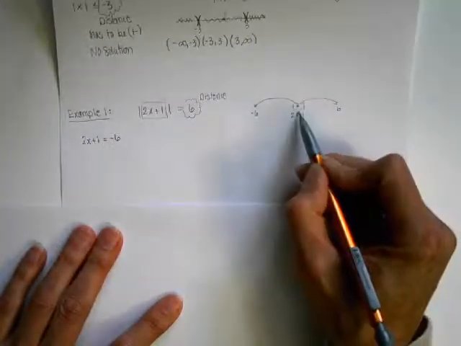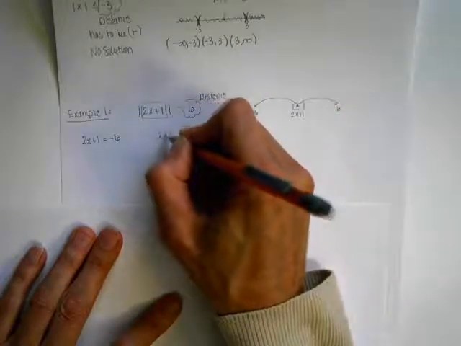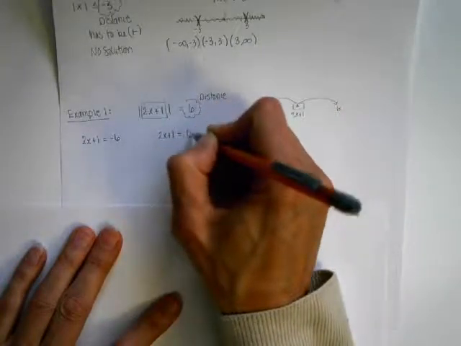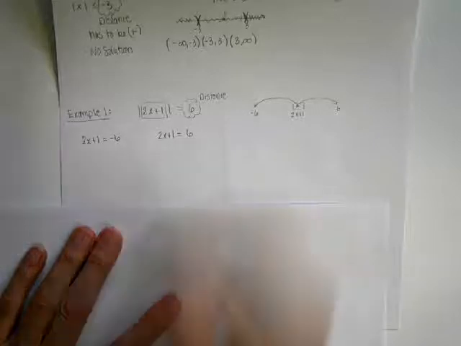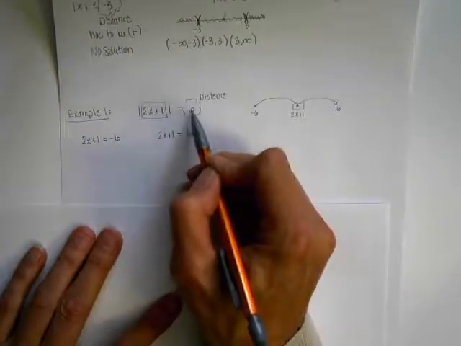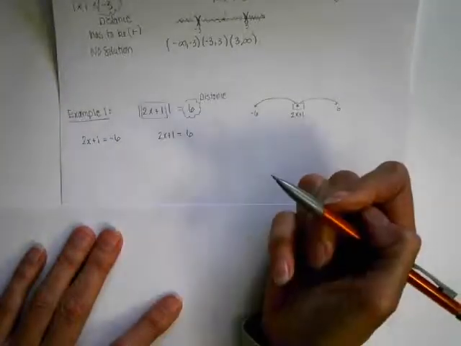Then we're going to do the exact same thing to the right and have 2x plus 1 is equal to positive 6. When we solve these two equations, we're going to get the two numbers that we can plug into this equation, which will be a distance of 6 away from the origin.